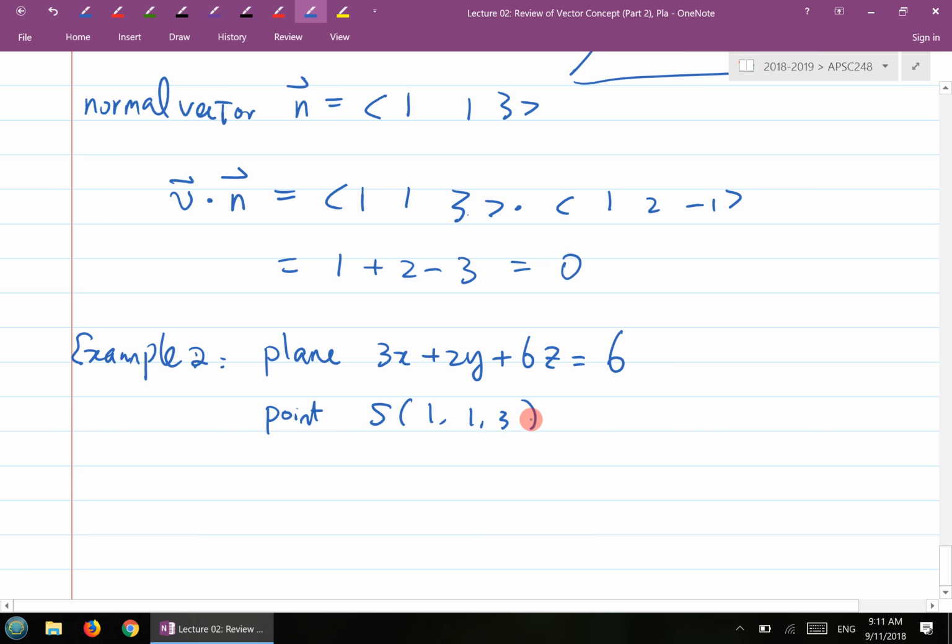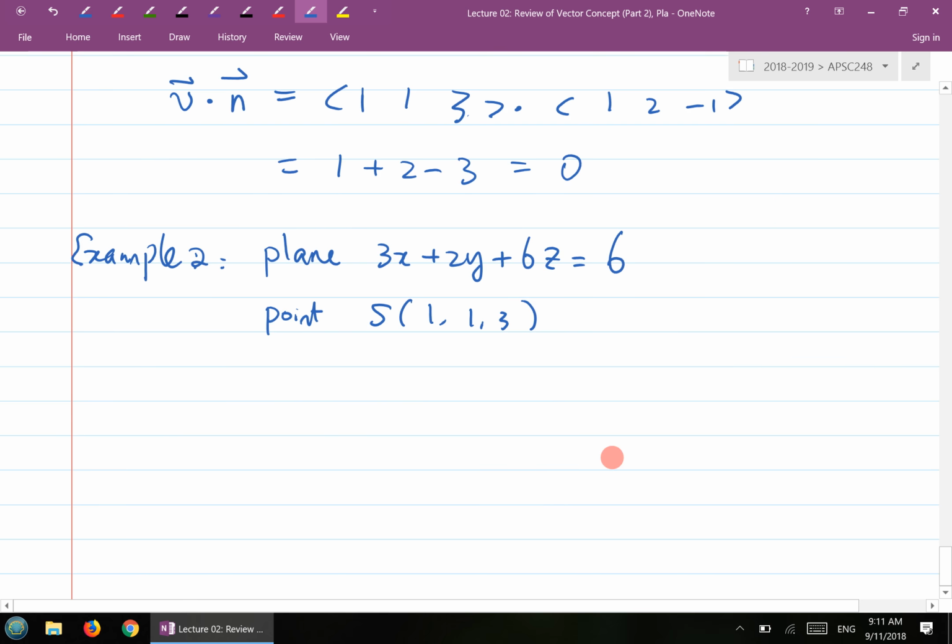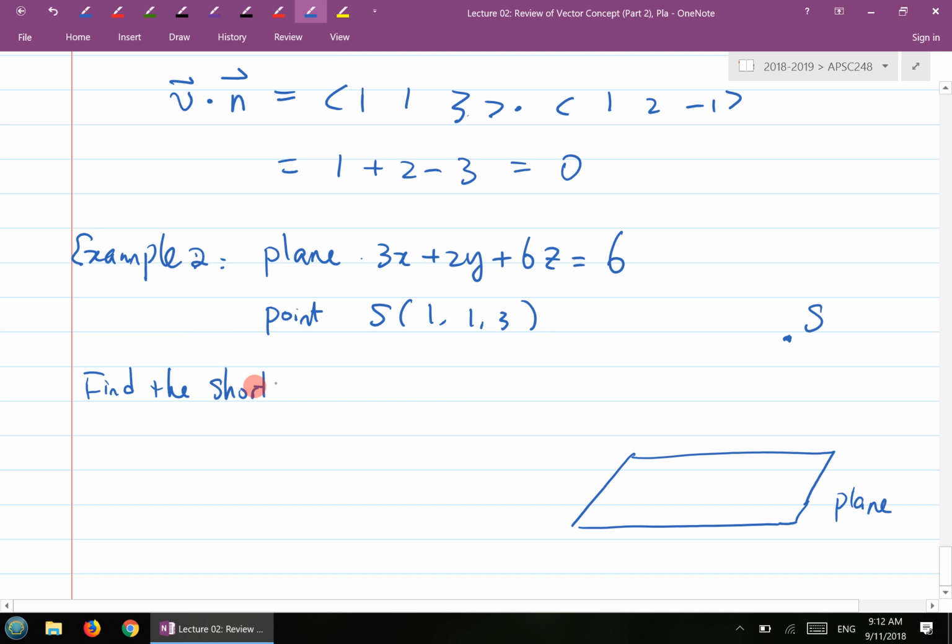Now I'm going to draw this out. So this is the plane, here's S. And the question here is, find the shortest distance from S to the plane.